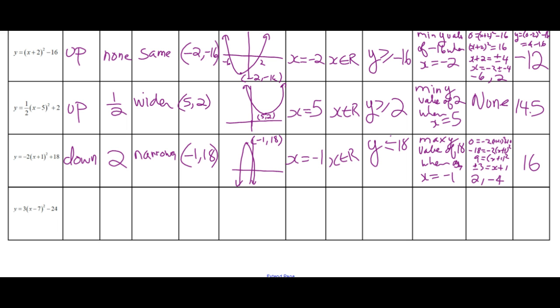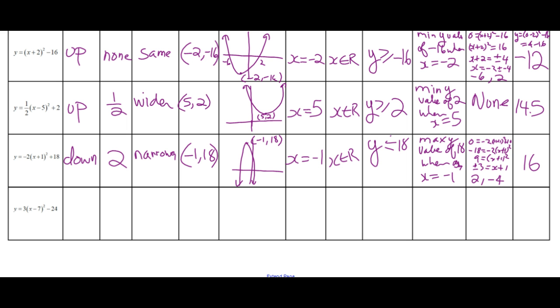Now, also, it's vertically stretched by a factor of 2, and I need to go down 18. How far from the vertex would I move to go down 18, given that vertical stretch by a factor of 2? 3. I'd move 3 units, because 3 squared is 9, but it's vertically stretched by 2, so that will take me down 18.